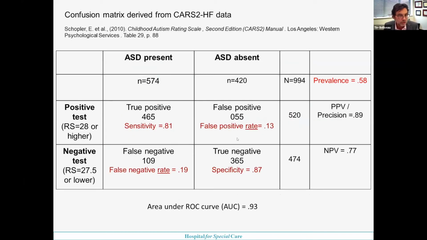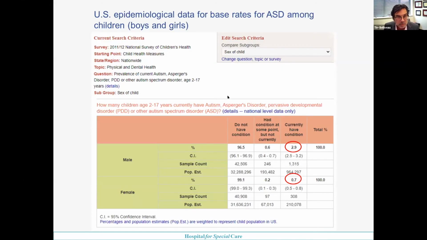So here's a confusion matrix for the Childhood Autism Rating Scale, also derived from the manual. And in this sample, the prevalence of autism is 0.58, and their classification accuracy index, or one of them, is 0.93. But we're going to integrate some epidemiological data. This is a national data set for information about prevalence.